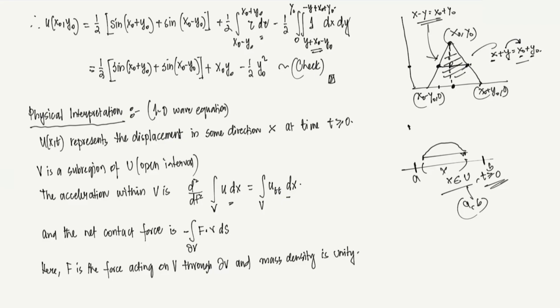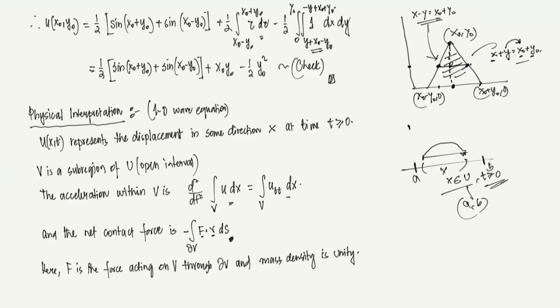Now, this is the net force acting on the subregion V, and it acts through the boundary del V. So this is the component of the force in this direction essentially. By Newton's law, mass times acceleration is the net force.